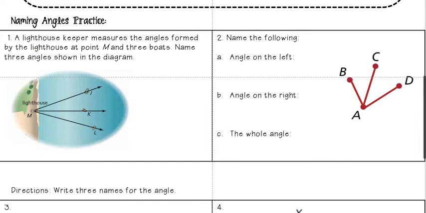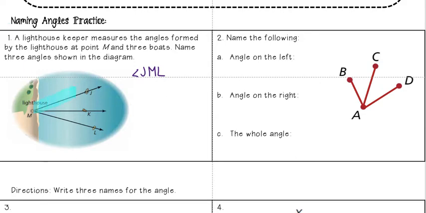So for this first one, it says a lighthouse keeper measures the angles formed by the lighthouse at point M and 3 boats. Name 3 angles shown in the diagram. Okay, well, the most obvious one that you can look at first, well, maybe it's not the most obvious one, but the one that catches out to me is this whole entire angle. And so I can name that by angle JML.